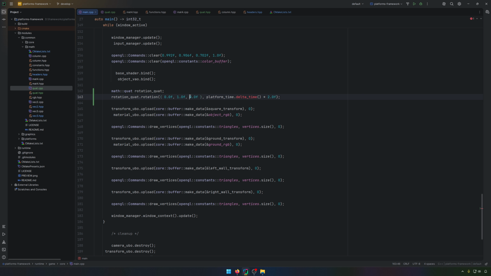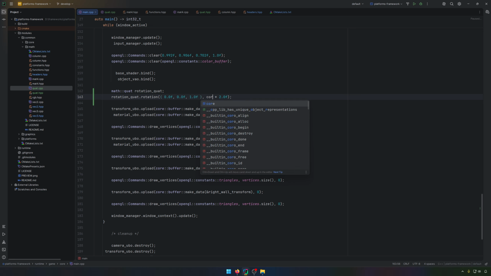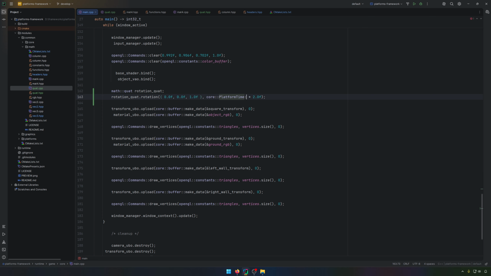Let's see on this axis, on the Z. And for my time, I will have the core platform time elapsed. I will multiply with 2.0, doesn't matter.